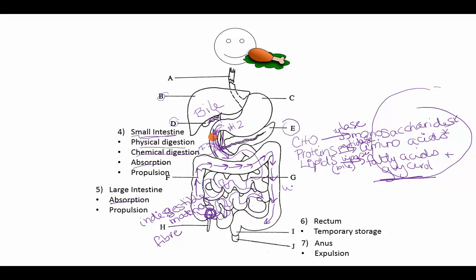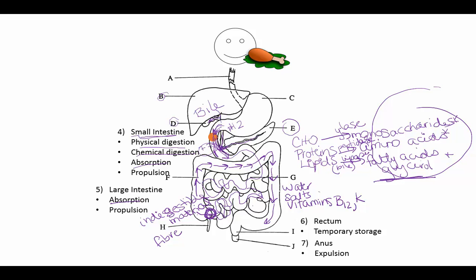So absorption at this point is of water, salts, which are a mineral, as well as some vitamins. There is bacteria living in our large intestine, and it is mainly making vitamins B12 and K. And because those are released by the bacteria, our body is able to absorb them through the large intestine.